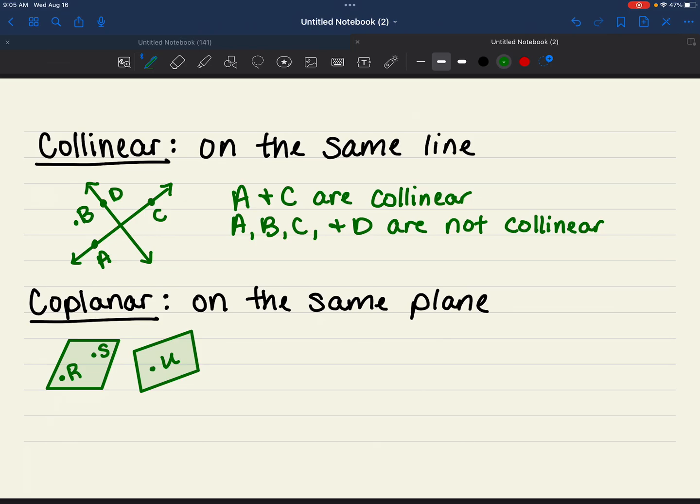So looking at this figure, what 2 points would be coplanar? R and S. And then somebody give me an example of 2 points that are not coplanar. Say it again, Taya. Yeah, S and U. Right? 2 different planes, so they can't be coplanar if they're not in the same plane.